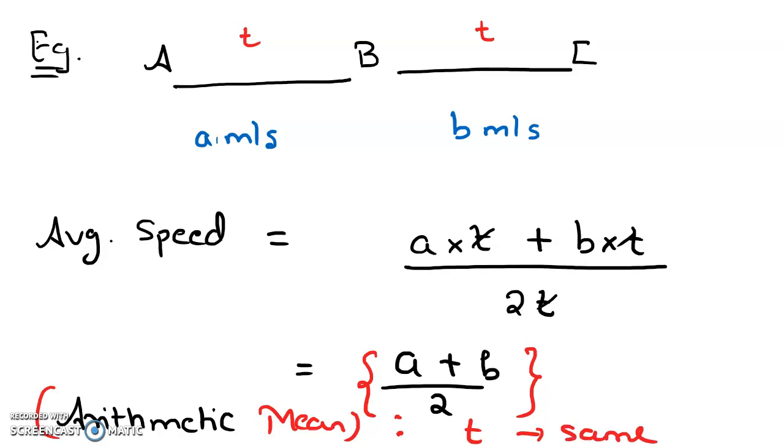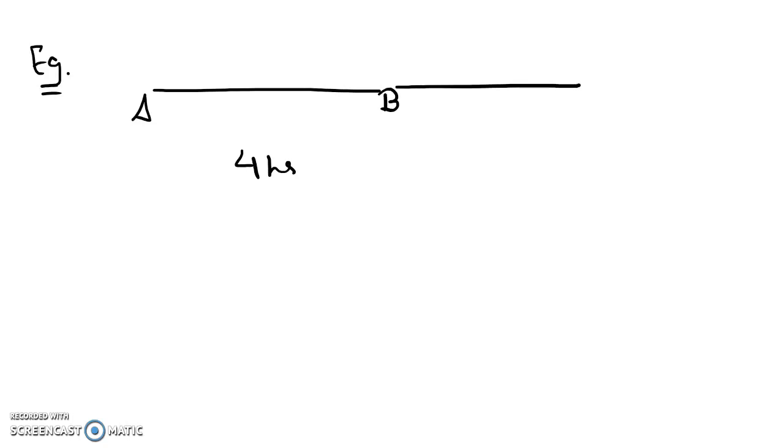So if I give you a simple question, you can solve it. For example, a person goes from point A to point B in 4 hours, and from point B to point C in again 4 hours.